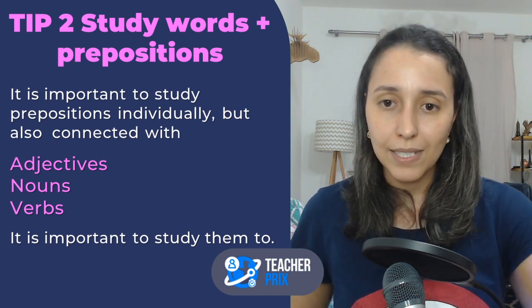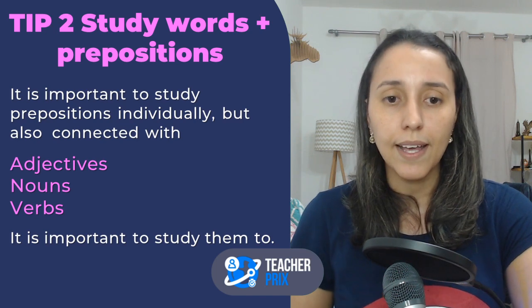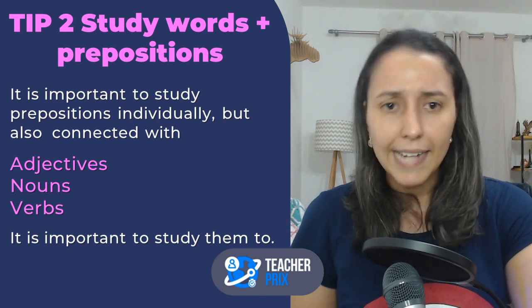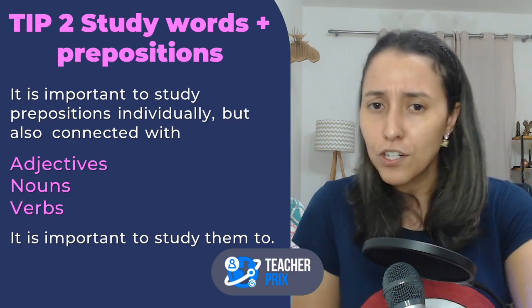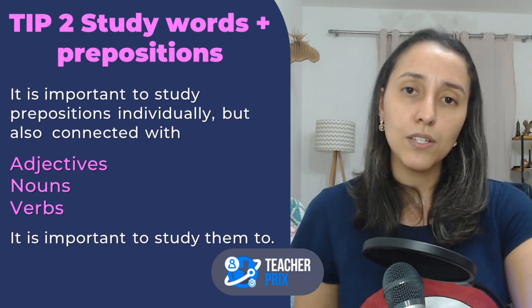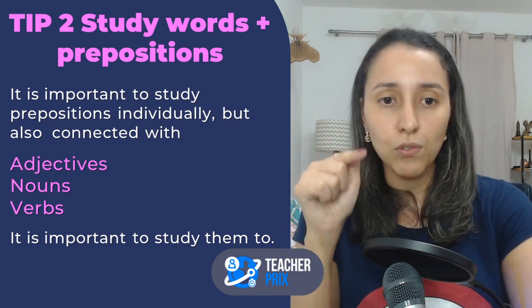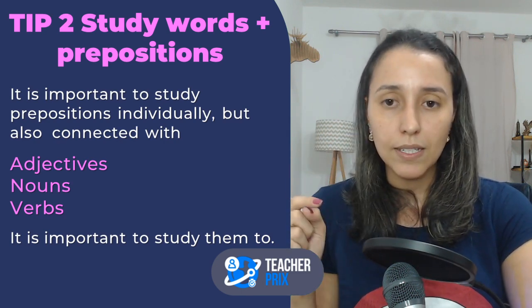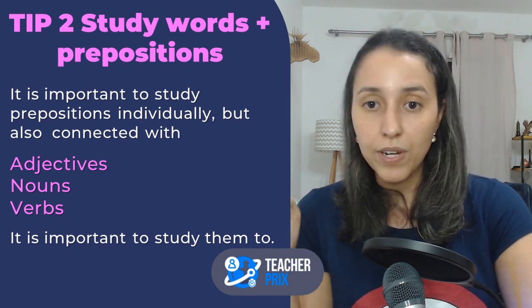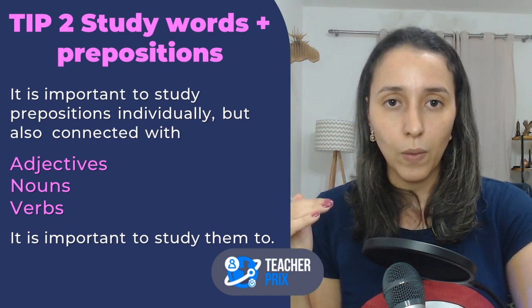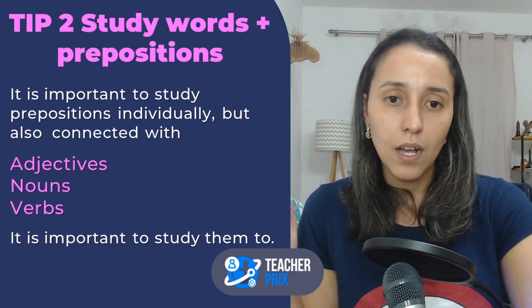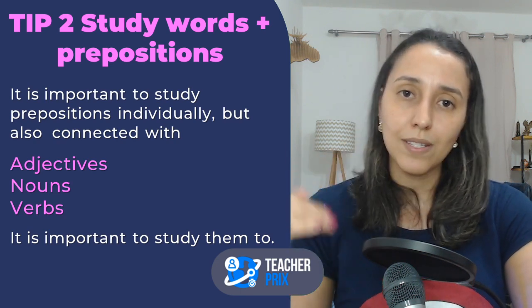When you find those lists, for example, you found a list that has, I don't know, 50 prepositions and 50 nouns and 50 verbs and adjectives. So what you can do is you can focus on the words you know. Oh, okay, I know amazed. Oh, I know interested. Oh, I know worried. Okay, so I will focus on these ones, because then you can study the prepositions that follow these words that you already know.